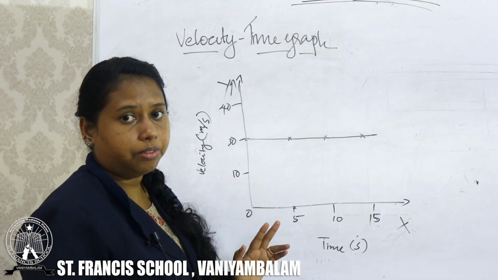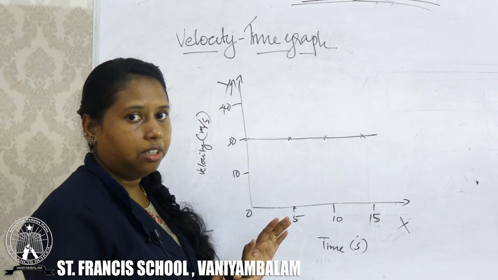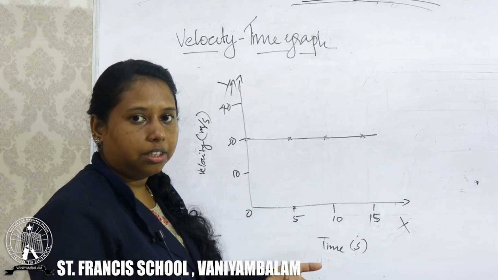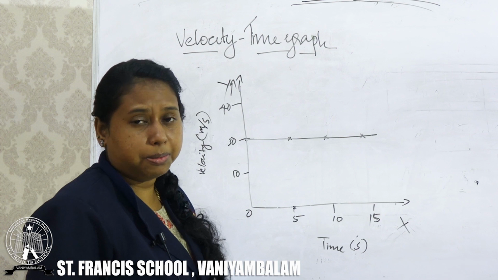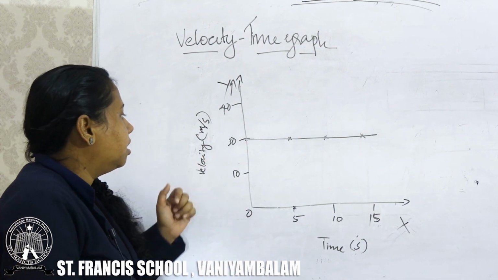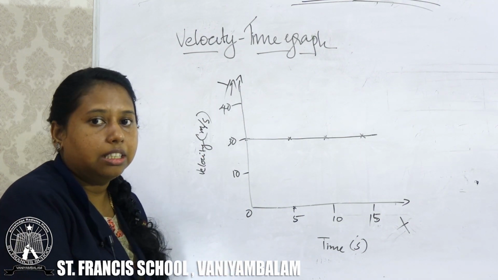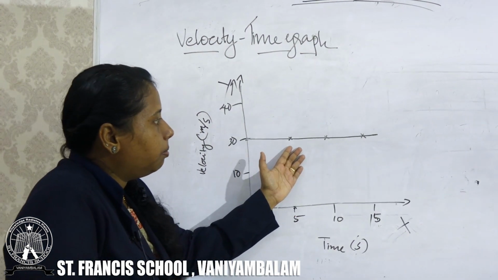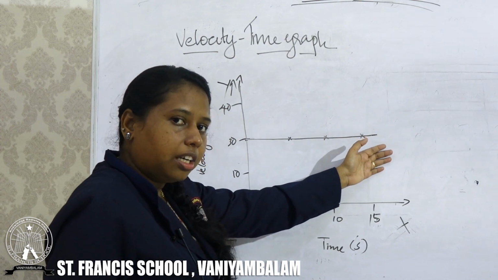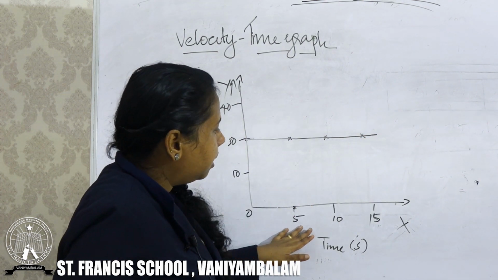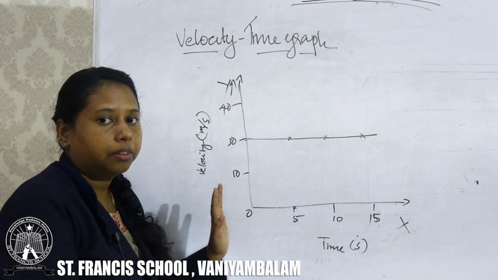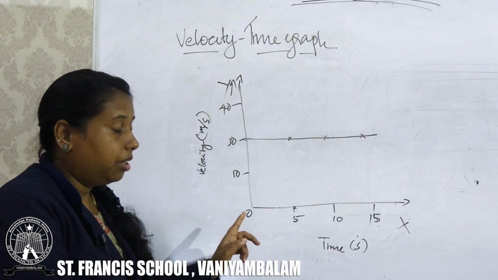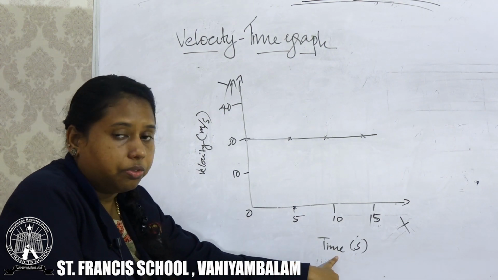Just imagine the speedometer shows a velocity of 30 meter per second. So we can say it will be a straight line, which is parallel to the x-axis, if we take the value of time here.